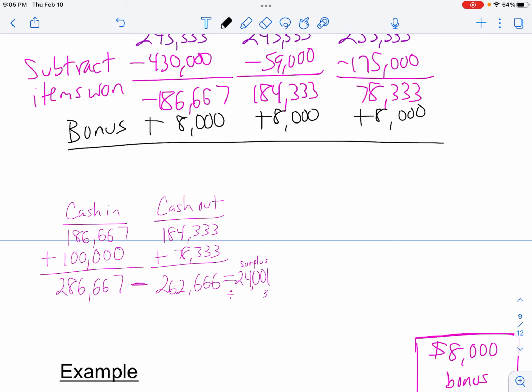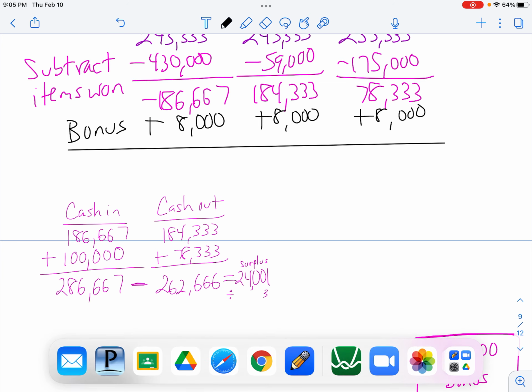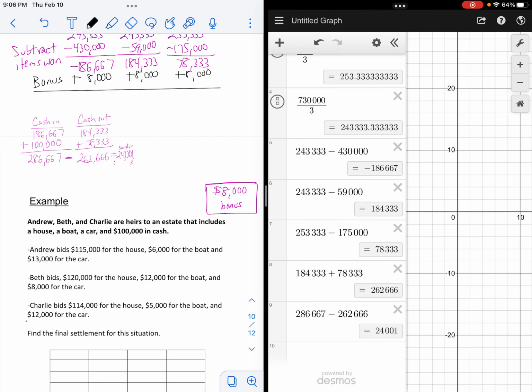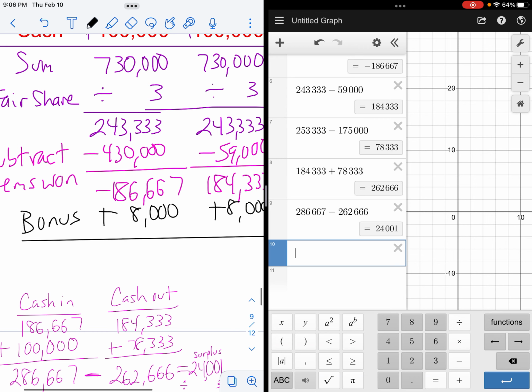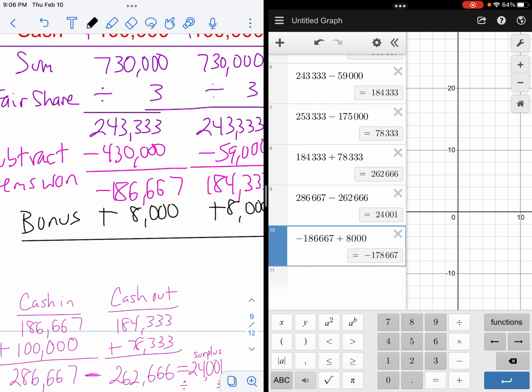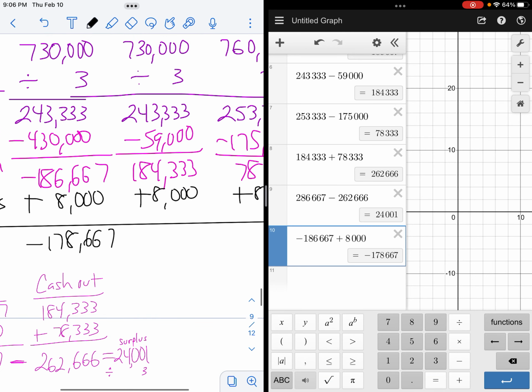And then these final amounts are everyone's final settlements. This is basically our final answer coming up here. So now, Andre owed negative 186,667, but he's getting an $8,000 refund back. So he only owes 178,667 now. Okay.